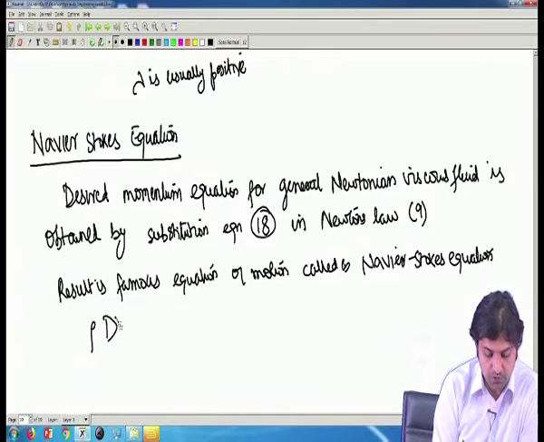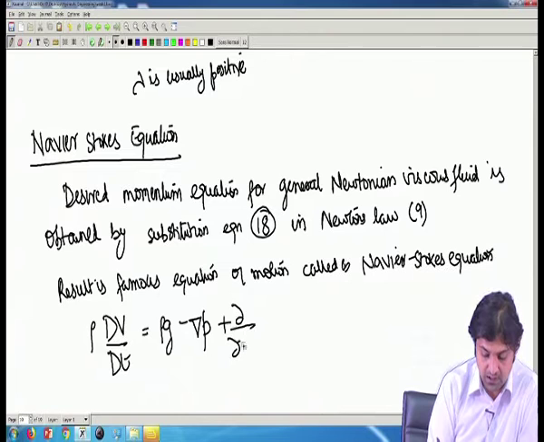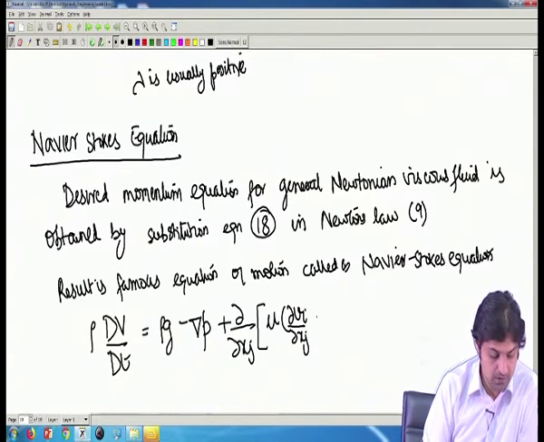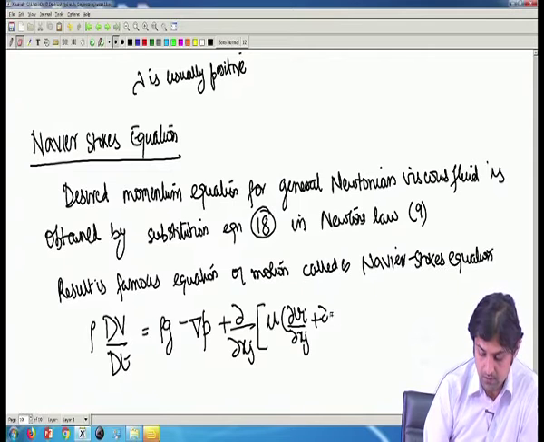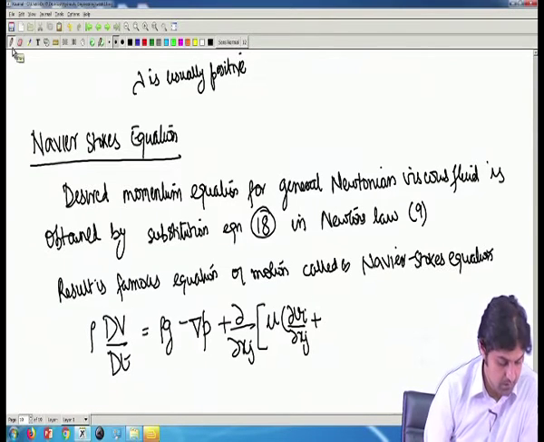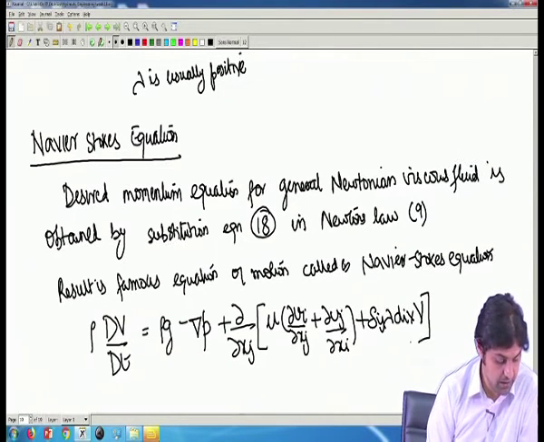So it is rho dV/dt is equal to rho g minus grad p plus divergence of mu times the velocity gradient terms.